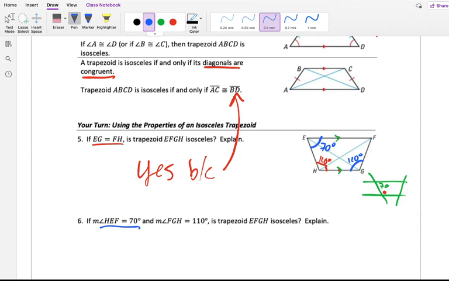So we already have that this is 110 right here. And we know that the 110 and this new red dot that I just put there, those are also same side interior, so they have to add up to 180. So that means that we know that this angle will be 70. And so base angles are congruent, which means that this is isosceles.